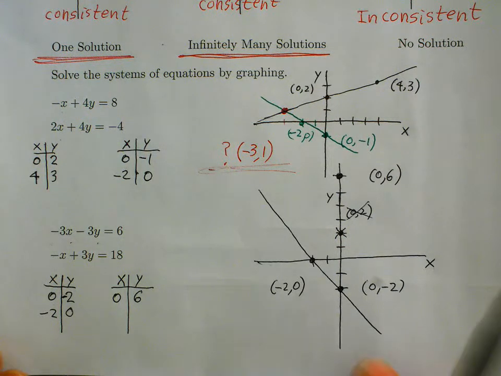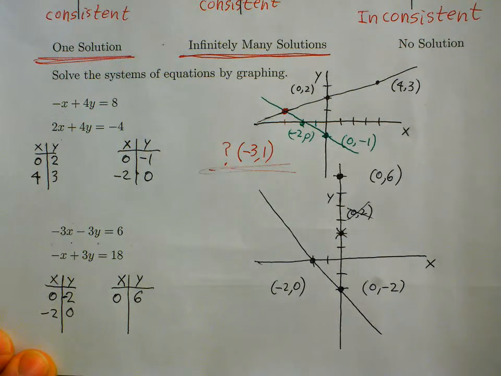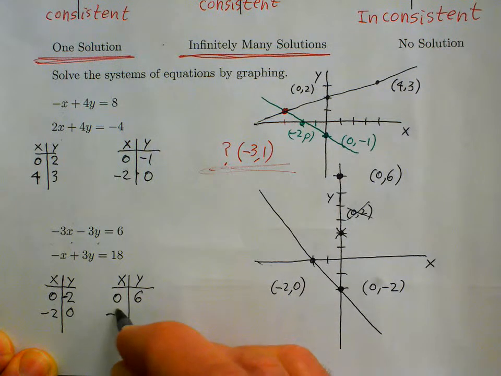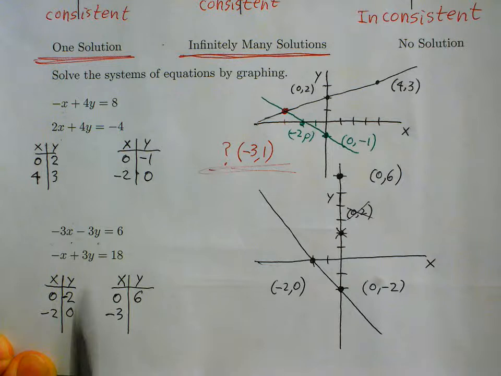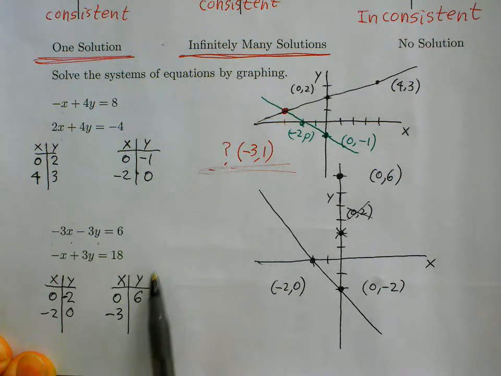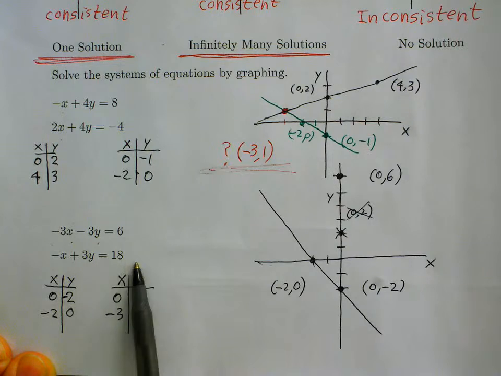If I pick x to be, say, -3, that will be a little more reasonable. Replace x with -3, I get the negative of -3, which is 3. Subtract 3 from both sides, I'm left with 3y equals 15.